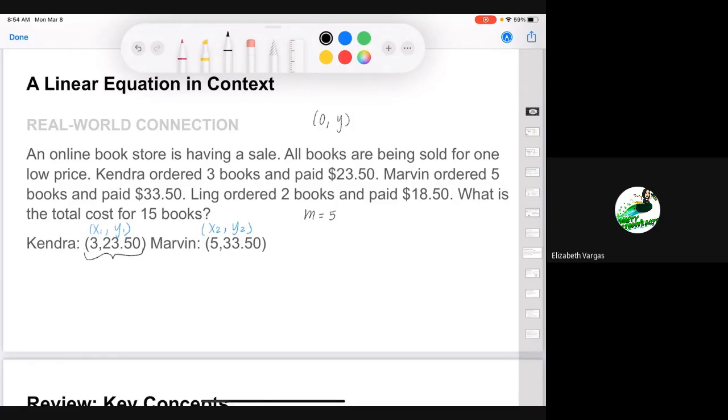And so what I can do is put that into point-slope form. So y minus y1 equals m times x minus x1. So I am given my m. My m is 5, so I can plug that in. And now I can plug in my 1 point. So here I see y1 is 23.5.